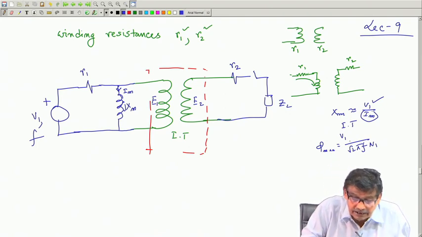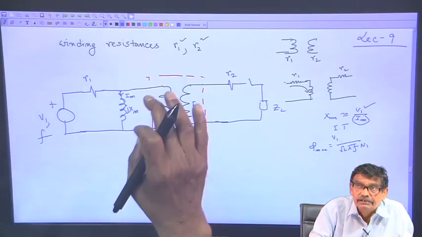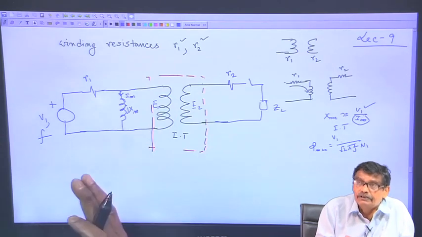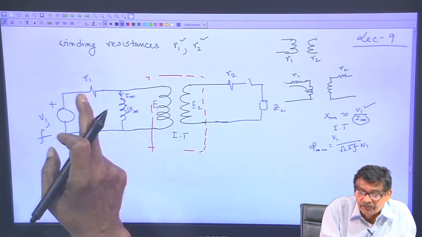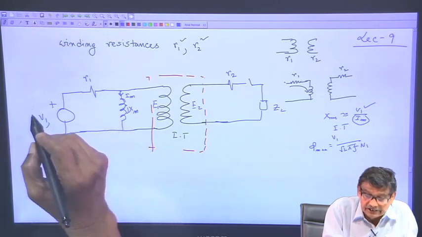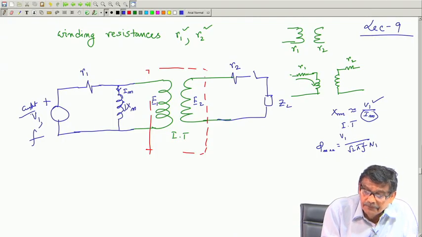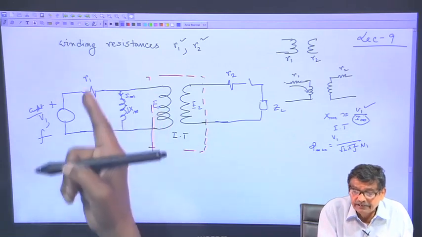But now I come to know that the applied voltage to this ideal transformer, strictly speaking, will not remain constant because of the presence of R 1. V 1 is constant, mind you, no doubts, but V 1 minus this drop is what is applied here.